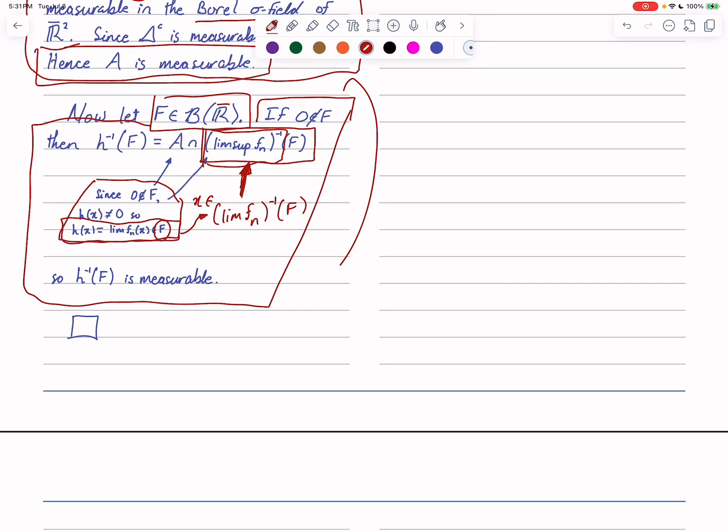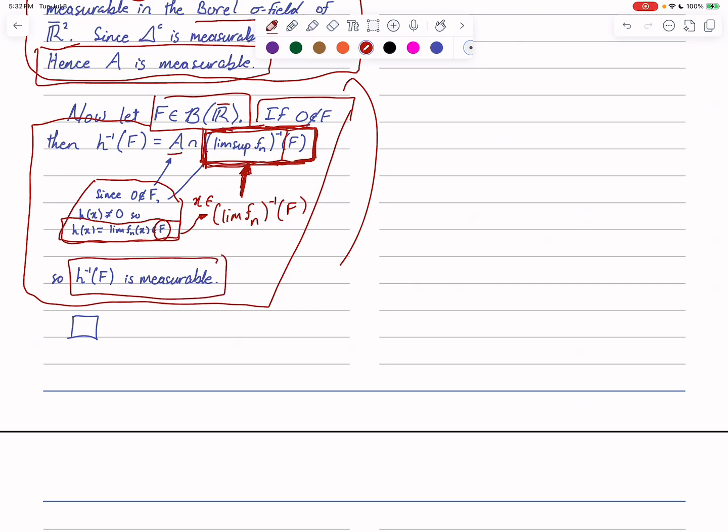That's why we're switching to the lim sup. Since we are taking the pre-image of a measurable set for a measurable function, this whole thing must itself be a measurable set. So we now have that this pre-image of H on F is the intersection of two measurable sets, therefore it is a measurable set.